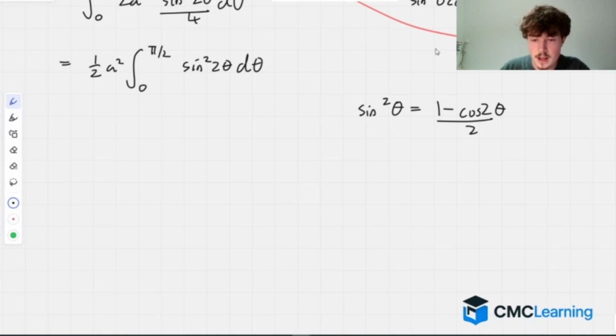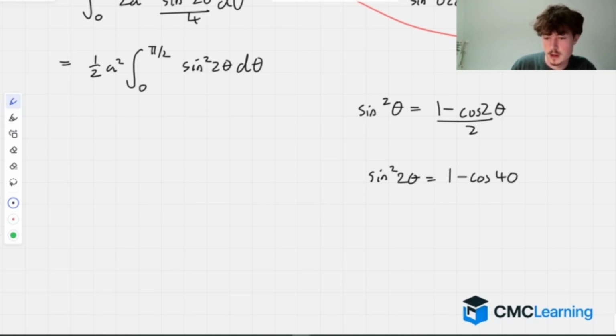And you might be thinking, how can we use that when we only have a theta here and a 2 theta here? Well, this equation can just be applied, so we can write sine squared 2 theta as 1 minus cos 4 theta over 2 by just taking this 2 and timesing it by the 2 theta from the equation before.